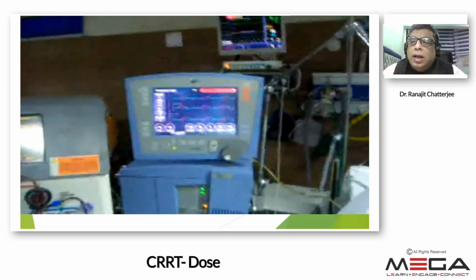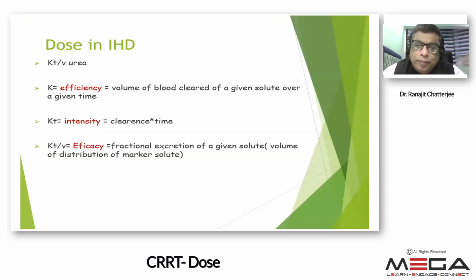So when we calculate the dose of intermittent hemodialysis, we all know that we measure Kt/V urea. That is the efficacy by which urea is removed from blood. K is the efficiency, that is the volume of blood cleared of a given solute over a given period of time.